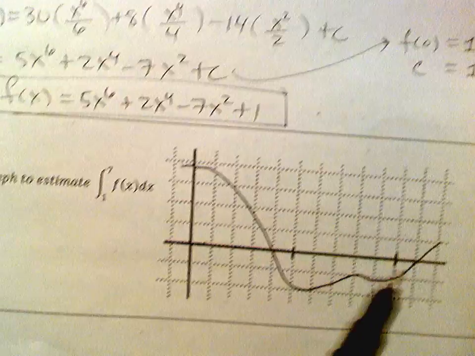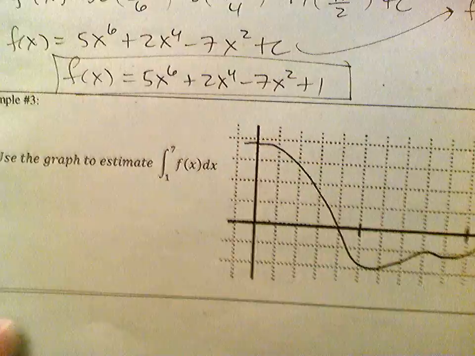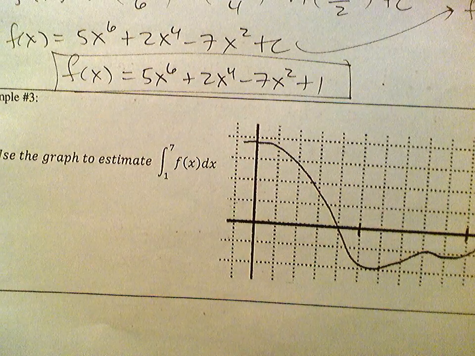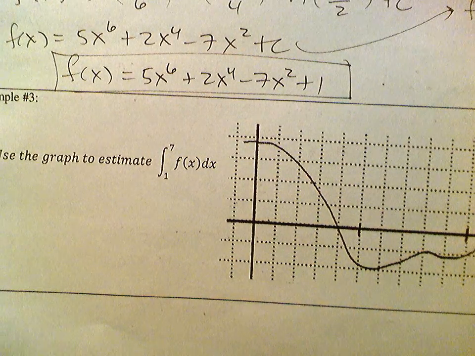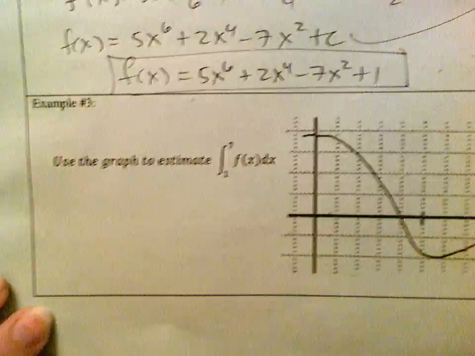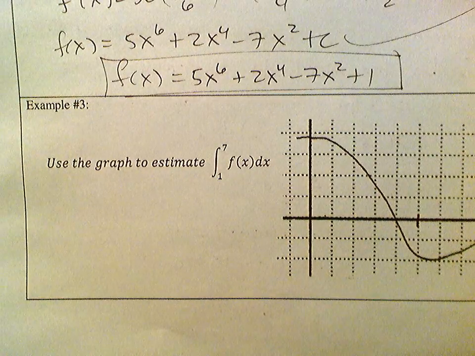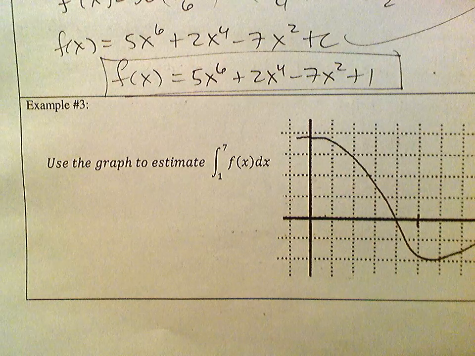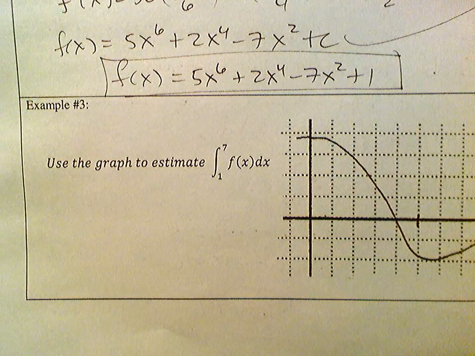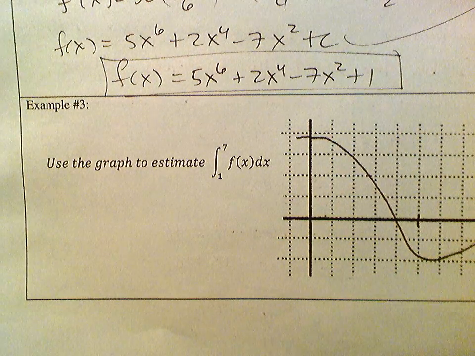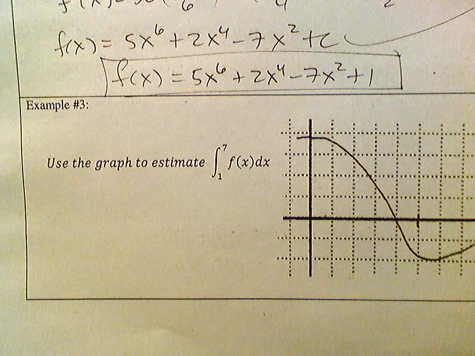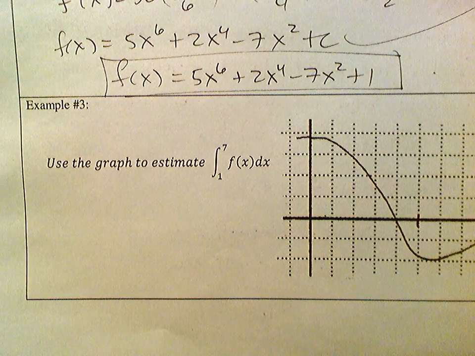Now, as a last thing, we're just going to practice estimating a definite integral using a graph. So use the graph to estimate the integral from 1 to 7 of f of x. Now, what does a definite integral mean? It means the exact area under a curve.